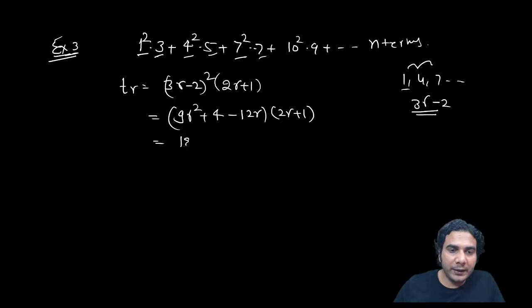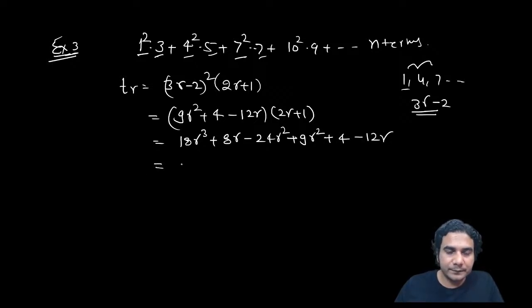So this is going to be 18R cube plus 8R minus 24R square plus 9R square plus 4 minus 12R. So it is going to be 9 minus 24 is 15 R square, alright, plus 8 minus 4R plus 4.